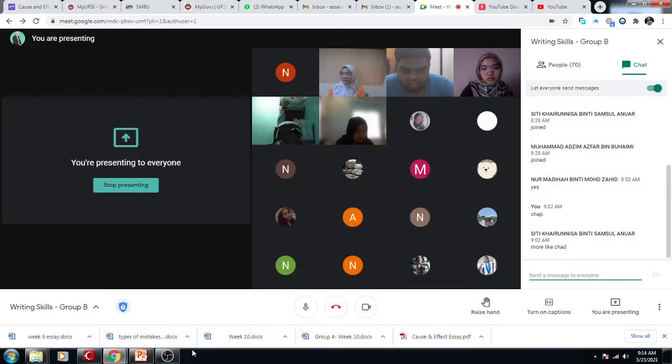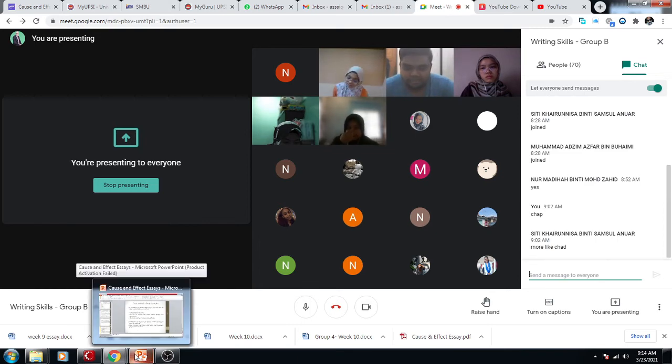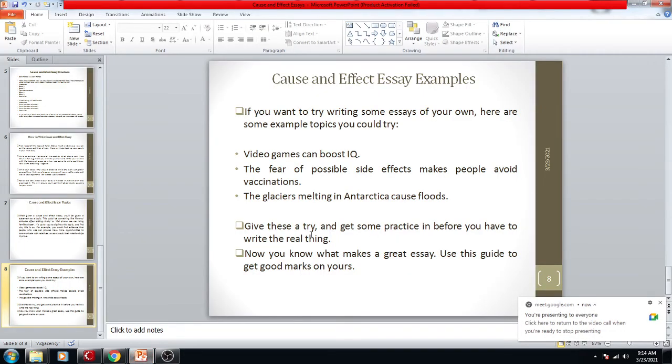For example, they make changes in the mind. They improve psychomotor skills. It makes you think faster, so you can think of ideas. The fear of possible side effects makes people avoid vaccinations.